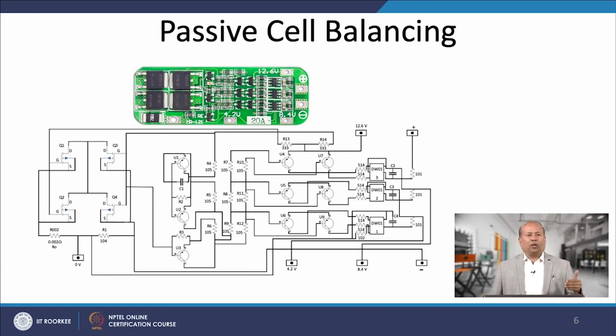Similarly, we can also see the discharging operation. Similar to the charging operation, the current passes through the DW01 protection IC and through switching MOSFETs 3 and 4.